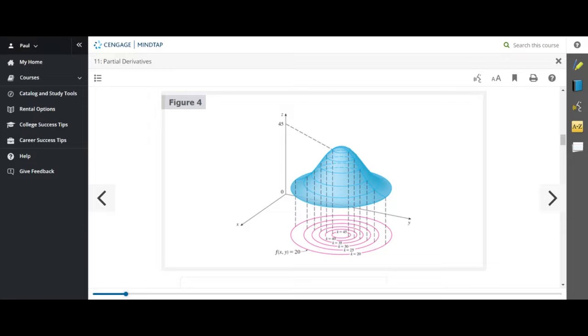So you see the idea, it's sometimes easier just to look at the picture. If you were to look at the contour plot in red in the XY plane, could you visualize the surface based on that contour plot? Because that's what the contour plot is.